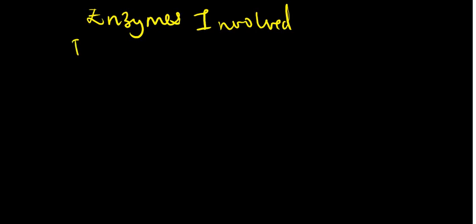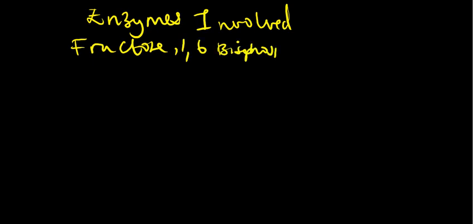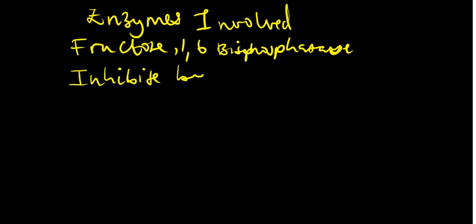The fructose 1,6 bisphosphatase, that's the enzyme that's involved. It is inhibited by, one, elevated levels of AMP. So AMP inhibits this enzyme.